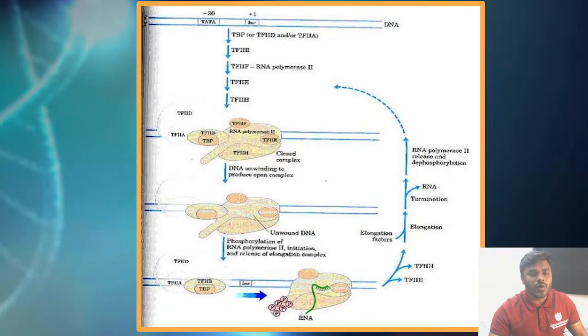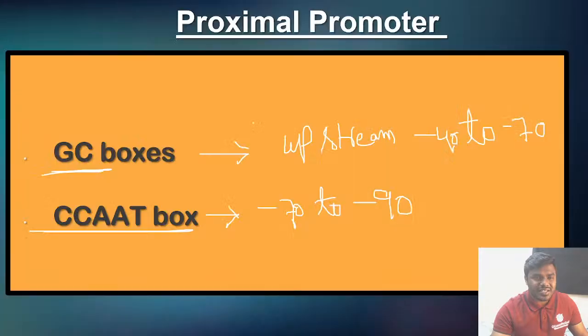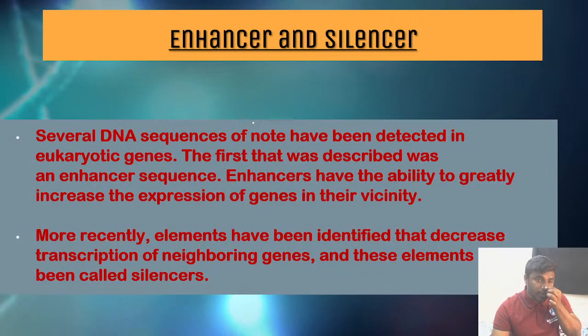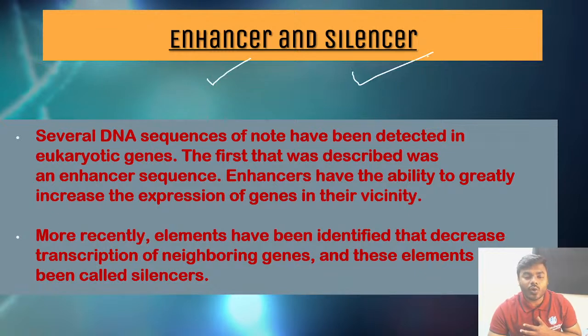Friends, before going to the process of transcription correctly, I want every one of you to understand two things very clearly. I am requesting all of you, pay utmost attention, friends. Then only you can understand the depth of the concept. Your concept will be very, very clear. Enhancer, I am giving you assurance, the question won't go beyond the level of what we are discussing.